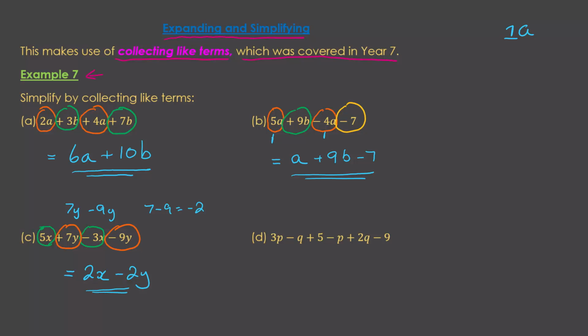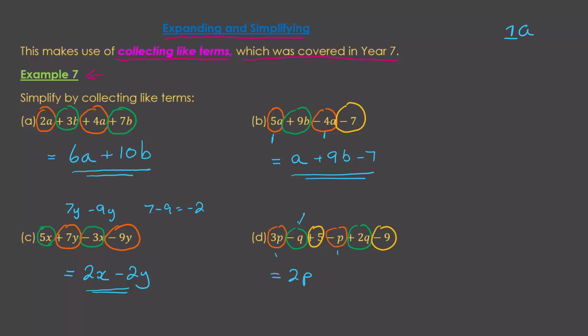Now finally here, I have got some p's. I have got some q's. And I've also got some numbers. 3p take away p is 2p.